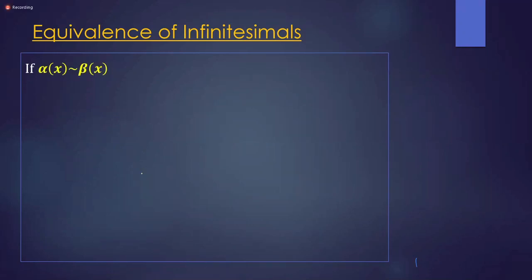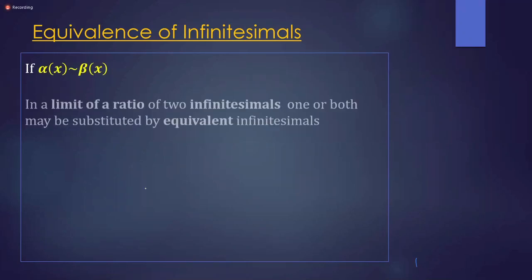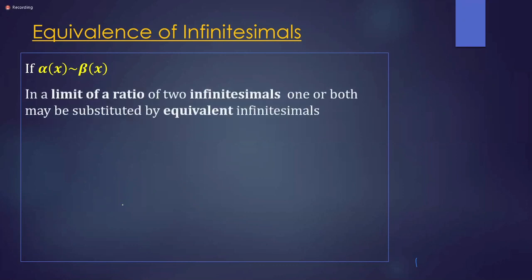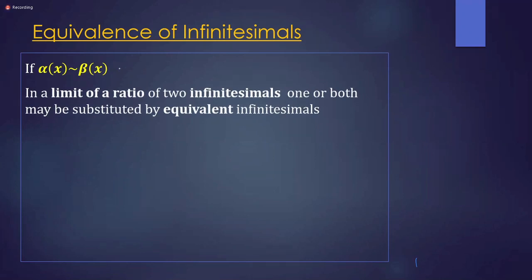That is, if I have a limit of a ratio of two infinitesimals, one function that is infinitely small and another function that is infinitely small, in this case I'm writing them as f and g, then I can replace them by the functions to which they are equivalent.